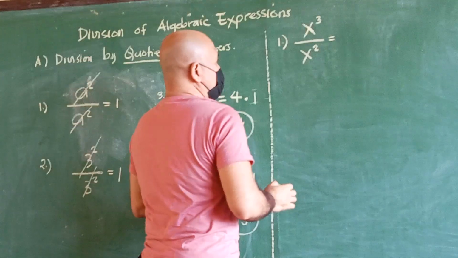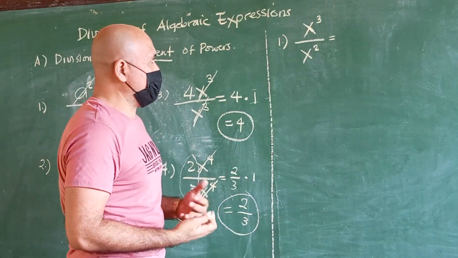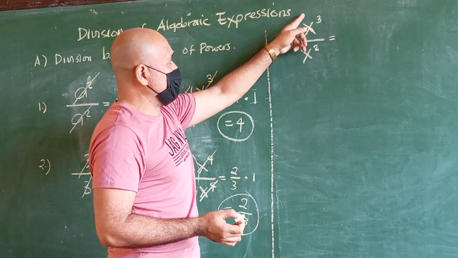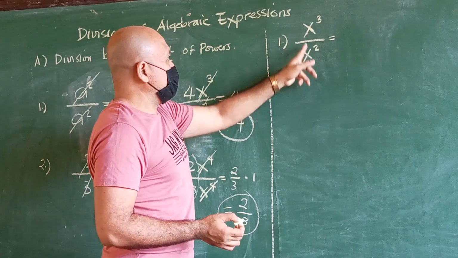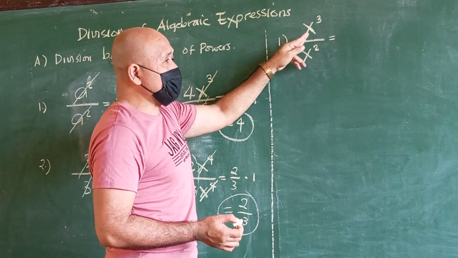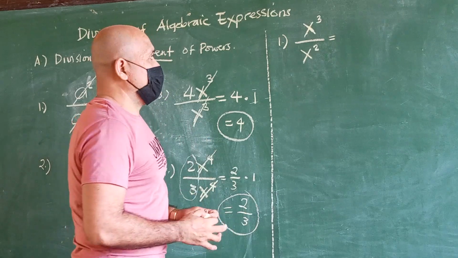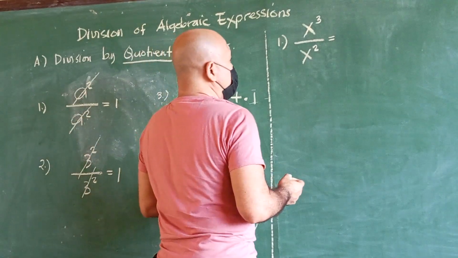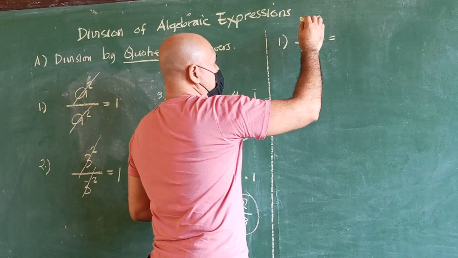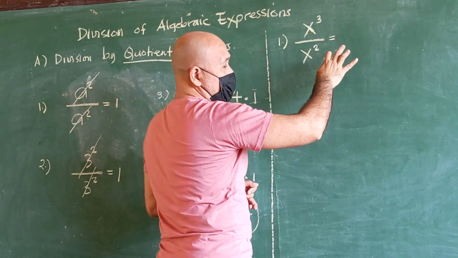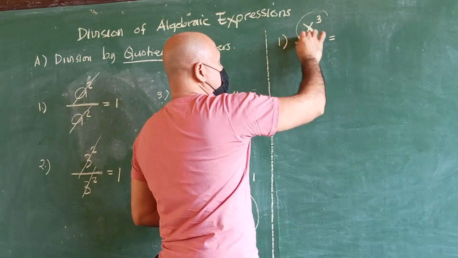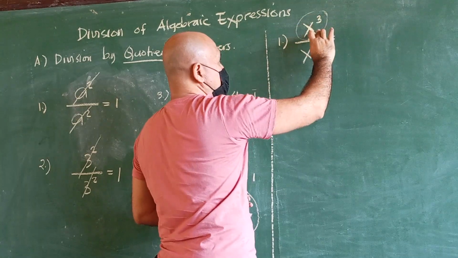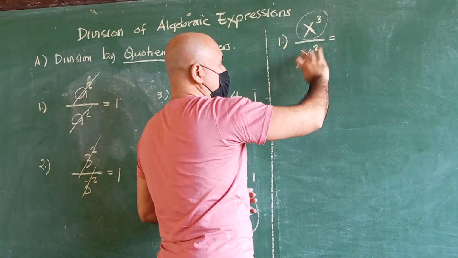So this is the scenario here. If you are dividing under the quotient of powers the same bases but the exponents are not the same, what you are going to do is retain the variable that has the bigger exponent. In this case, the numerator has a bigger exponent compared to the denominator.